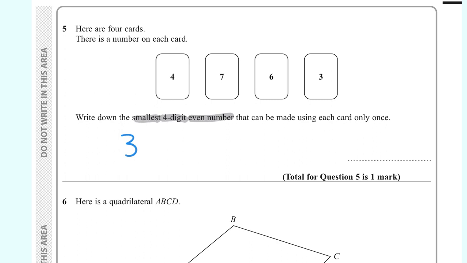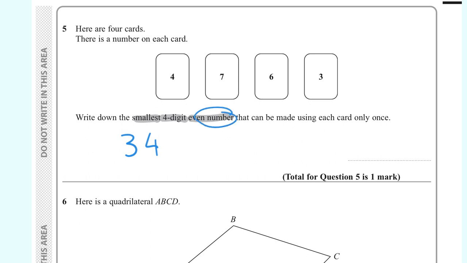Our next column is really important. We're either going 3,400 something, 3,700 something, 3,600 something. We aren't going to choose 7 or 6, we're definitely going to choose 4, because that makes it quite small. Now, we have to be careful. It's asking for an even number.